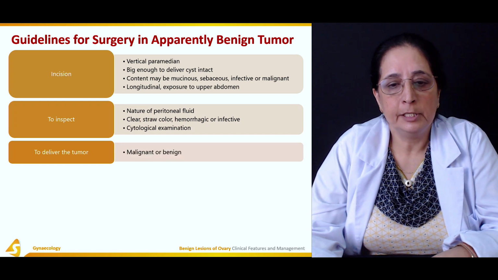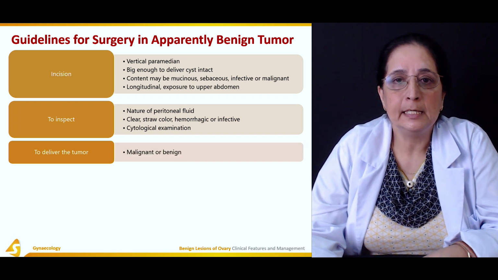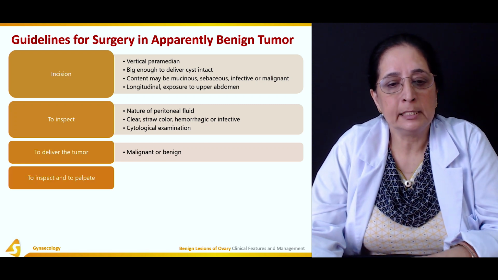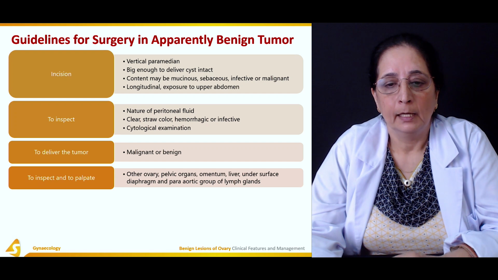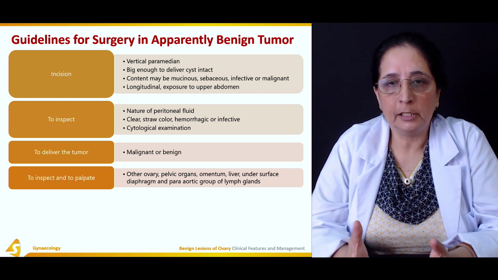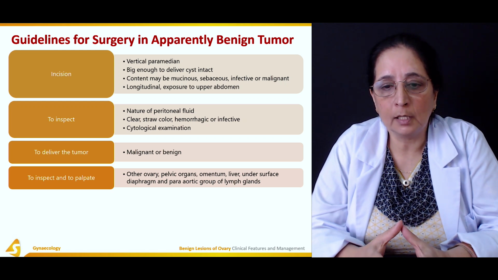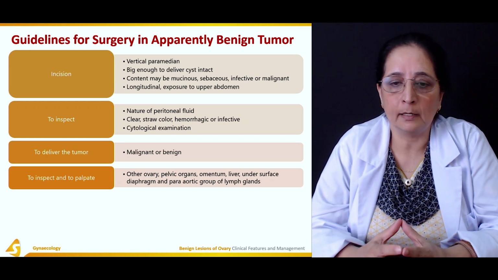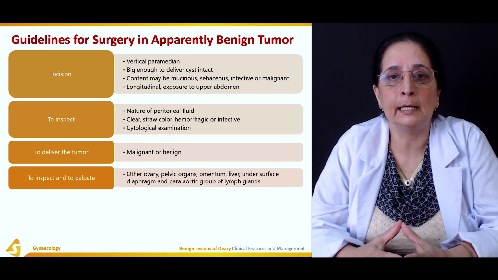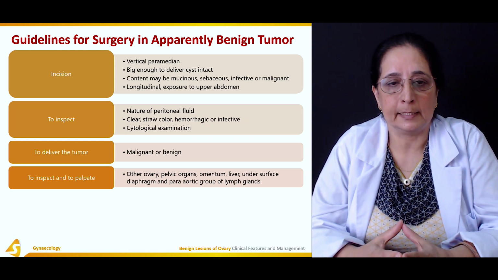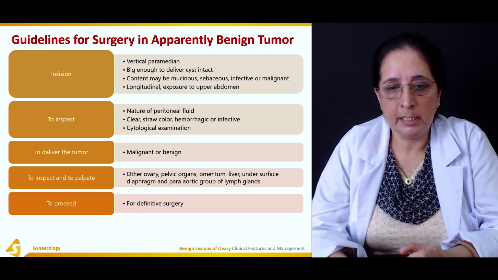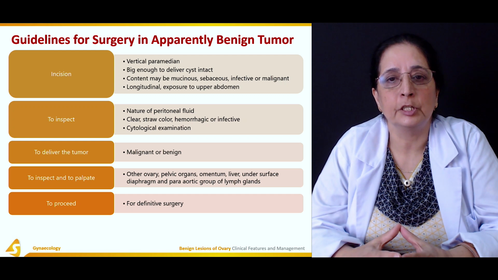Then we deliver the tumor, which can be benign or malignant. Then we inspect and palpate the other ovary, pelvic organs, omentum, liver, diaphragm, and the aortic or para-aortic lymph nodes. Then we proceed to definitive surgery.